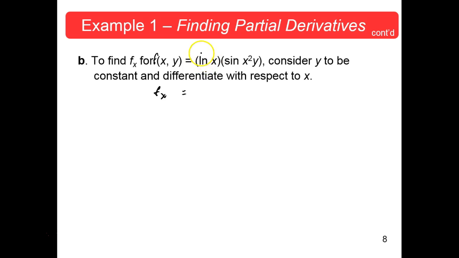So we'll write down the first one, log x, and then take the derivative of this with respect to x. And what would that be? Derivative of sine is? Yes, cosine of the same argument, x squared y. Now the chain rule part of that second part is take the derivative of x squared y with respect to x only, though.